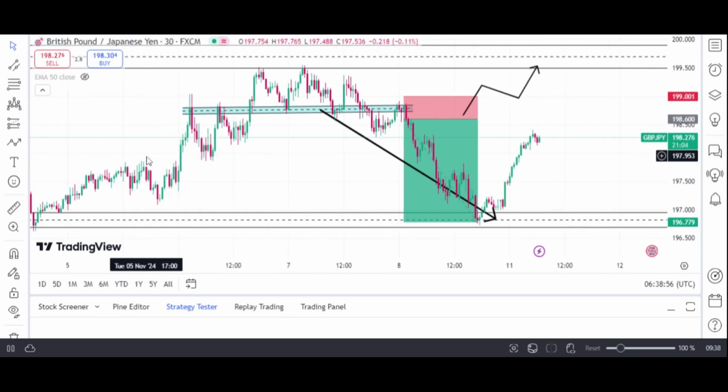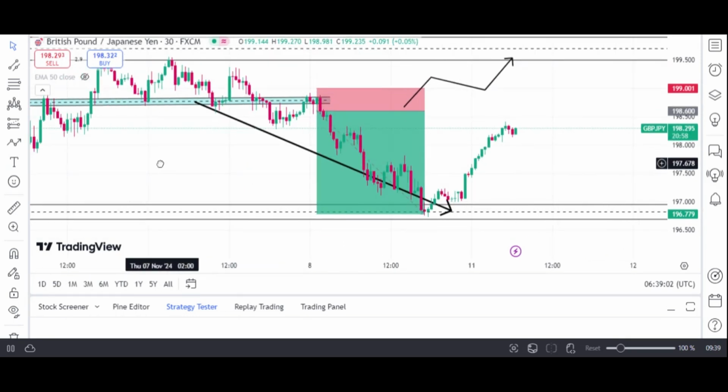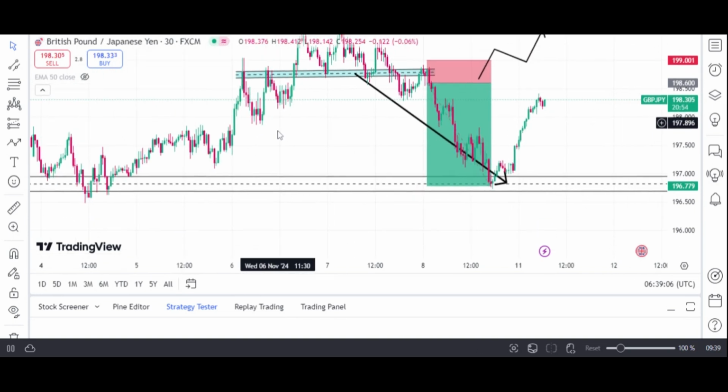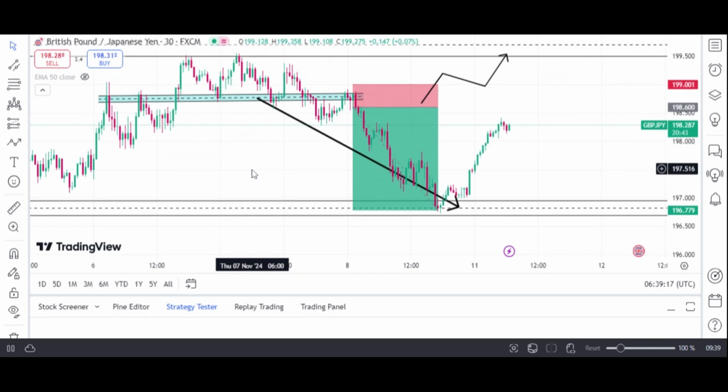Then after entering the market, ensure you have a red candle that is engulfing the other candle. Then you can use the 30 minutes and the 15 minutes, and your TP should be at your next zone. Your next zone is where the market is most likely to go. You can use the 4 hour and the daily, and at the end of the day, you have to be patient with what the market is doing.